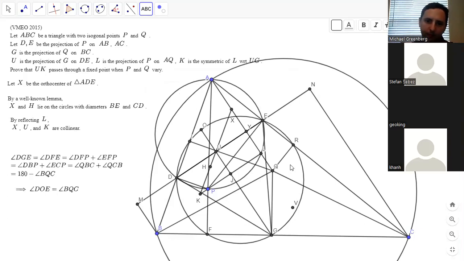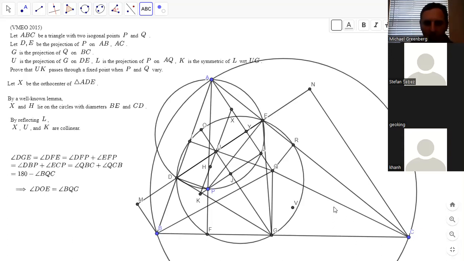And let's see if we could show some of the other angles are equal. So angle ODE is angle OGE. And QBG is QIG. So we want to show QIG is basically we want to show triangles GUE and QBG are similar.